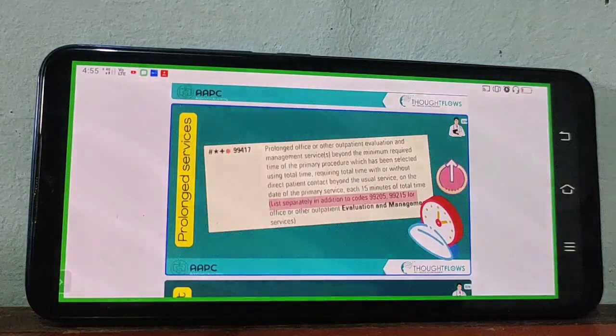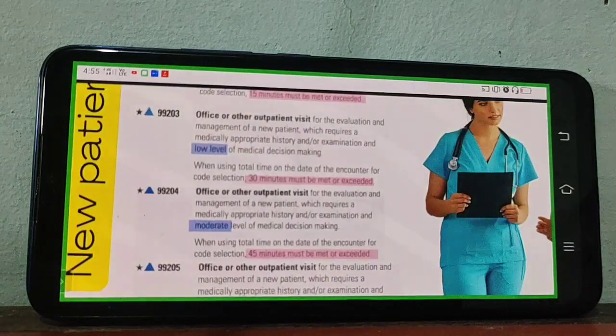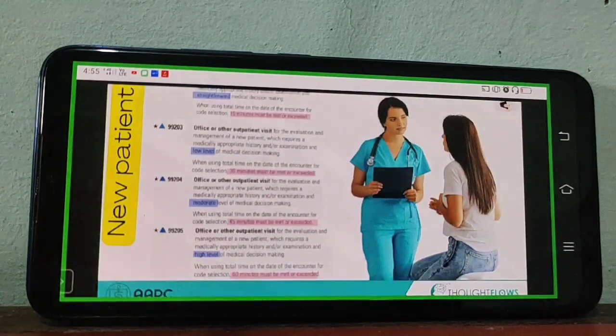Now I will show you. First, you have to select the appropriate primary code. New patient, total duration 120 minutes. What is the primary code here? 99205. Super. 99205 for the first 60 minutes.